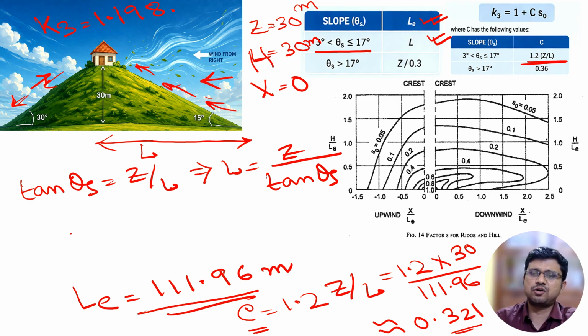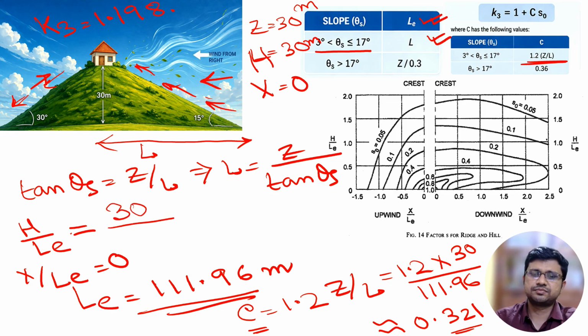For calculating the value of S0, we need the value of H by LE and X by LE. X by LE is 0 because for this building the X is 0. So what is H by LE? H equals 30 and LE equals 111.96. 30 by 111.96, which is actually the length, will be 0.267.